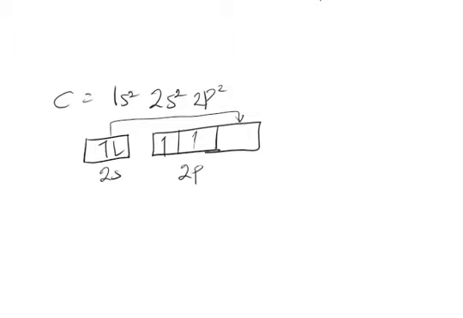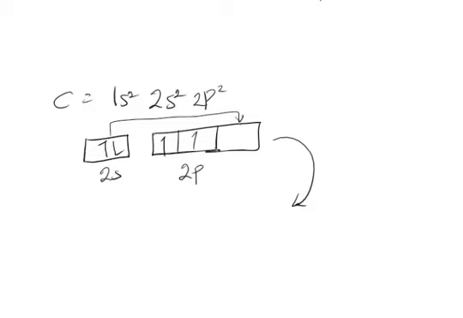Now this means excitation. In the excited state, an electron will leave the s orbital and then migrate to fill the empty p orbital.